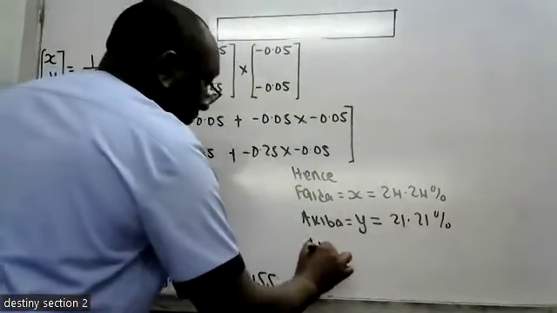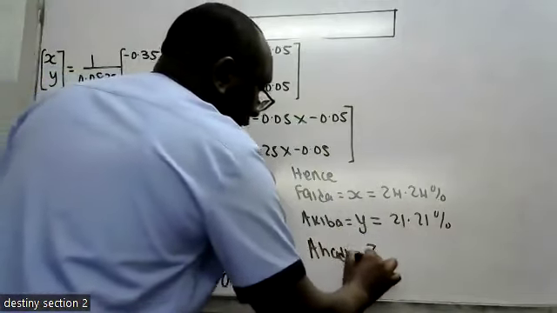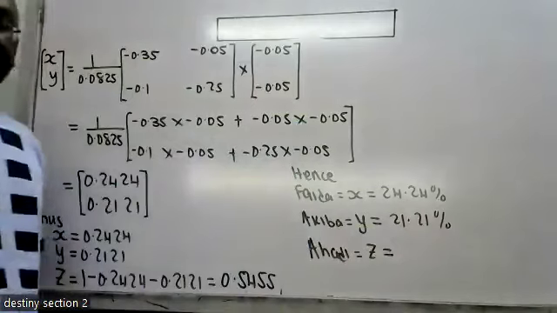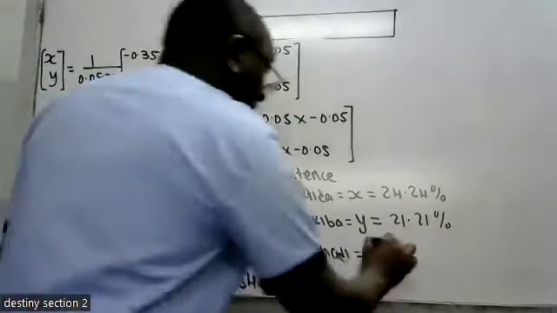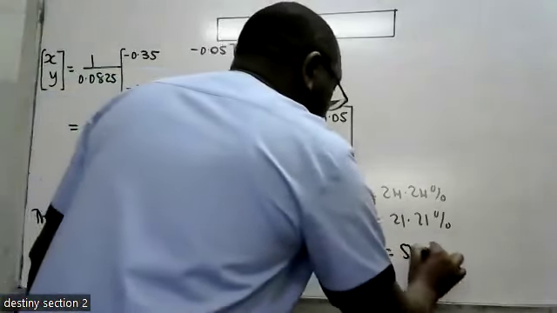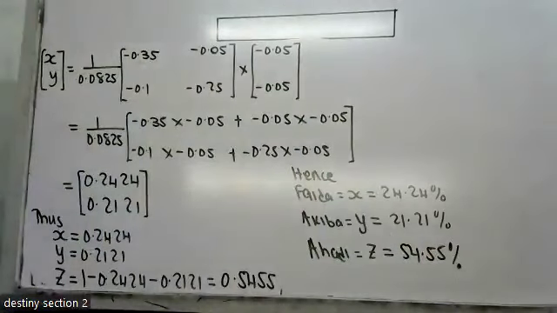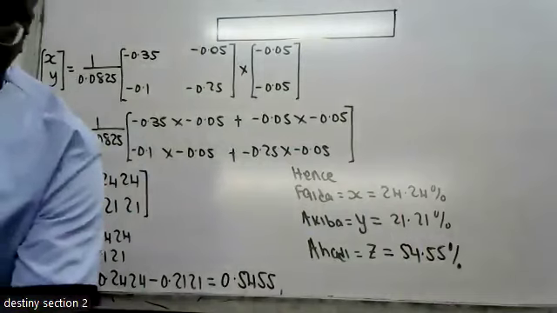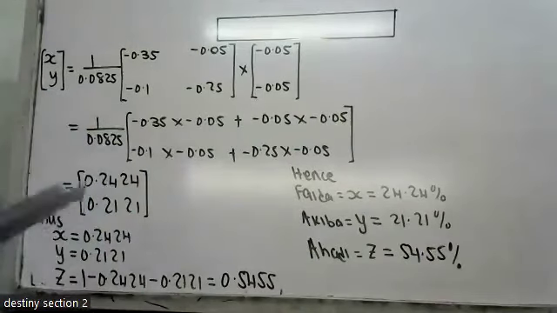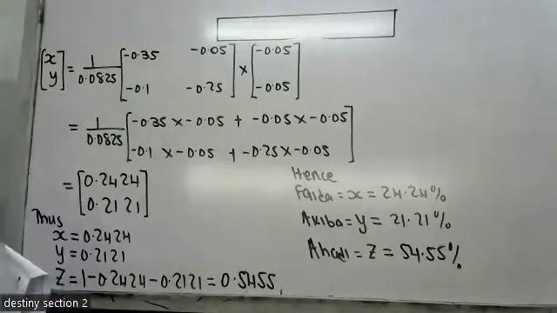And Ahadi, which was represented by Z, is going to command 54.55%. So that is the answer the candidate should have provided to the examiner in that question.